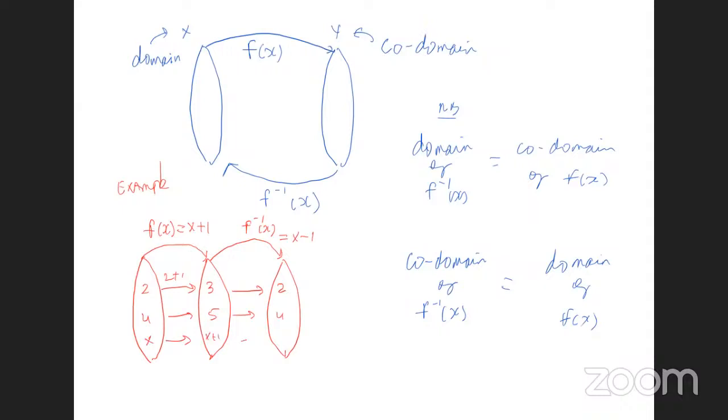So x plus 1 is mapped to what? x. x plus 1 minus 1 gives back x. So what will you notice? What is f inverse of f of x?